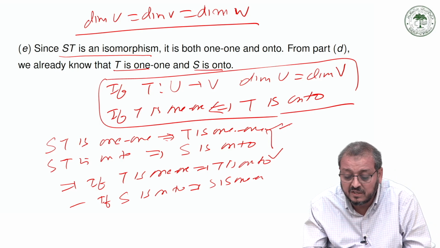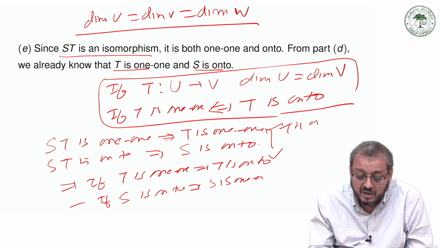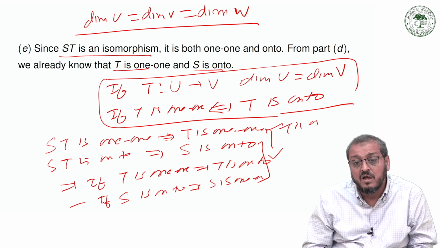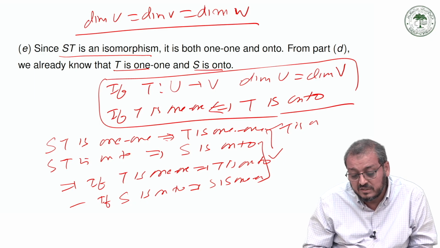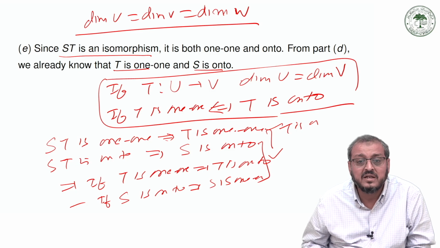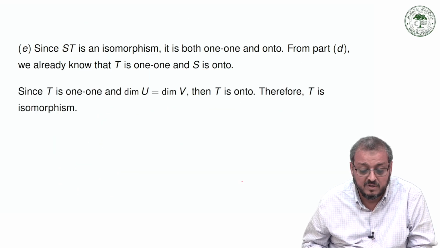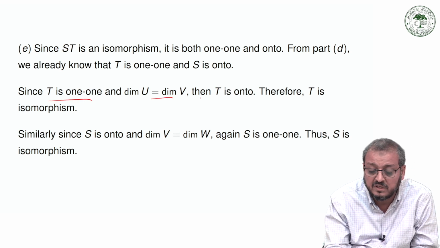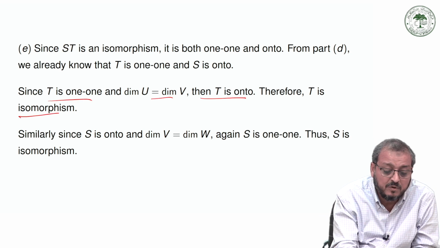This implies that T is an isomorphism. S is 1-1, S is onto also. Then by this result, we can easily show that if ST is an isomorphism, then S and T are both isomorphisms. Okay, so we just write: T is 1-1 and the dimensions of U and V are the same, then T is onto. Therefore, T is an isomorphism.